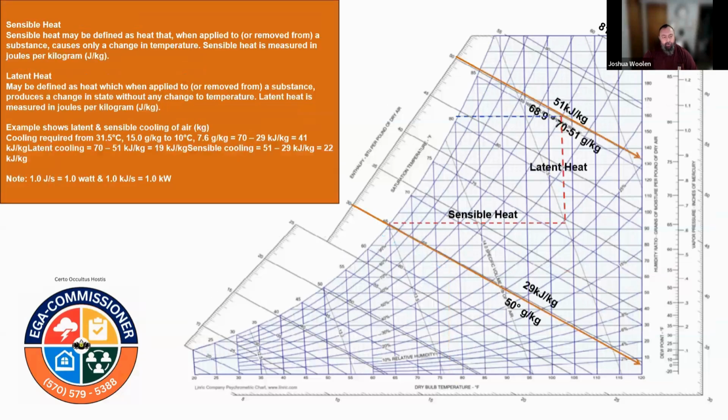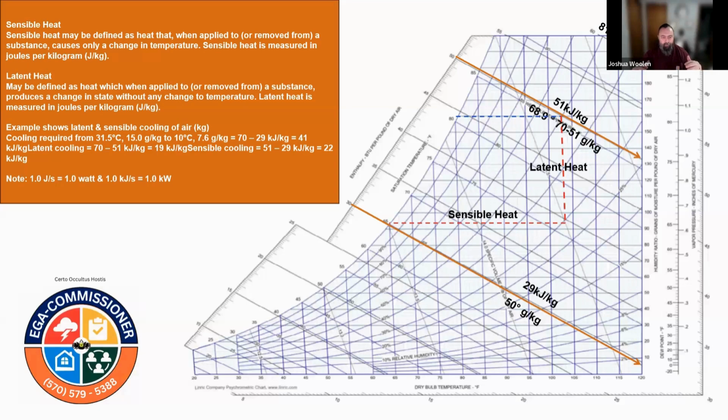But yeah, here this is about sensible heat. And we need to understand sensible heat because of how it plays within enthalpy, right? So the heat that causes a change in temperature, measured in joules per kilogram, is sensible heat. And the heat that causes a change in state without a change in the temperature, measured in joules per kilogram, is latent heat, right?